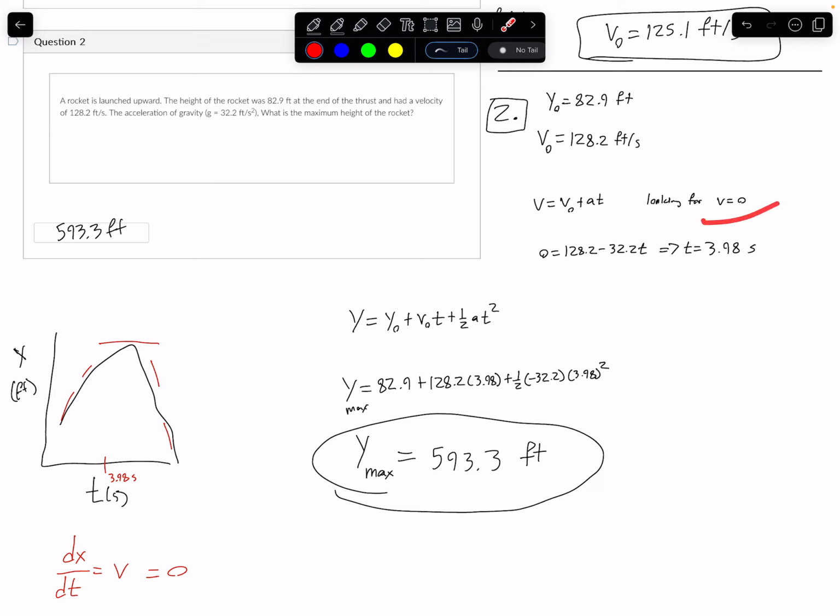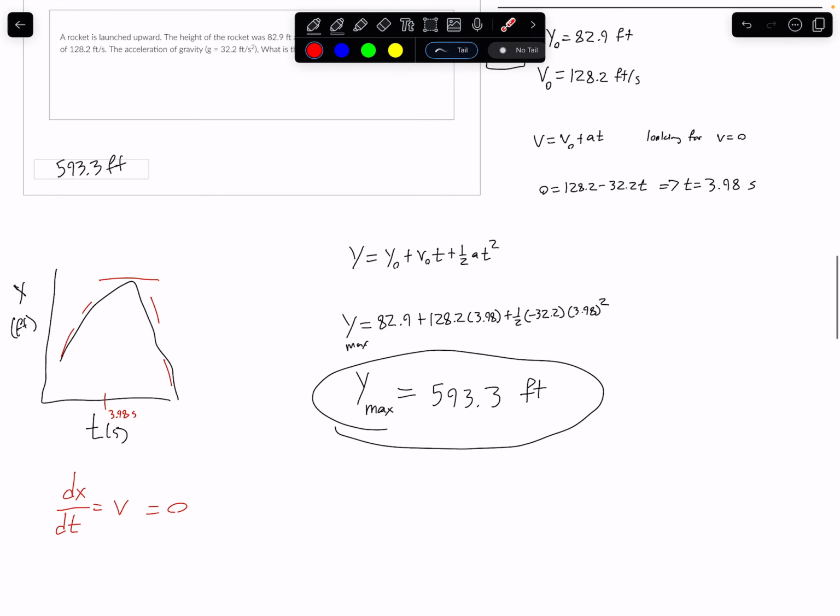And we're looking for V equals 0, so 0 equals our initial velocity of 128.2 minus 32.2 t. So we find that t equals 3.98 seconds. I'll double check that to make sure we don't have any errors. Yeah, 3.98 seconds.